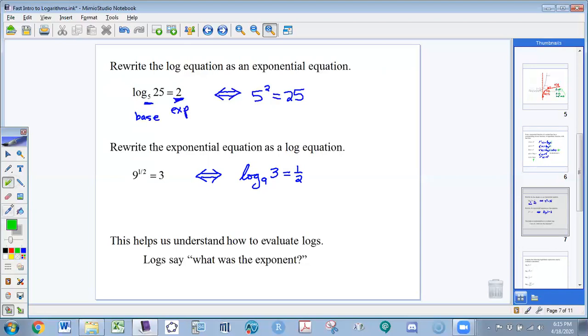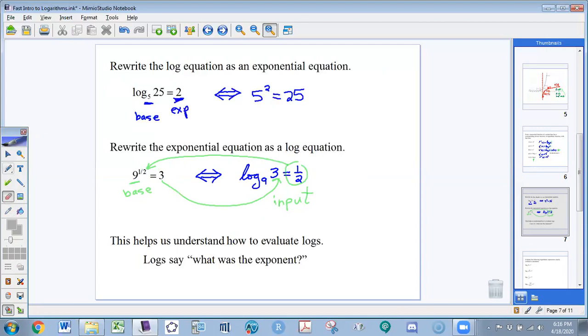So again, what we're seeing here, the really, really big concept is that logs equal the exponent on that base. Logs equal the exponent that went on that base to give this input number. And so the way that I like to think of it is logs simply ask, what was the exponent?